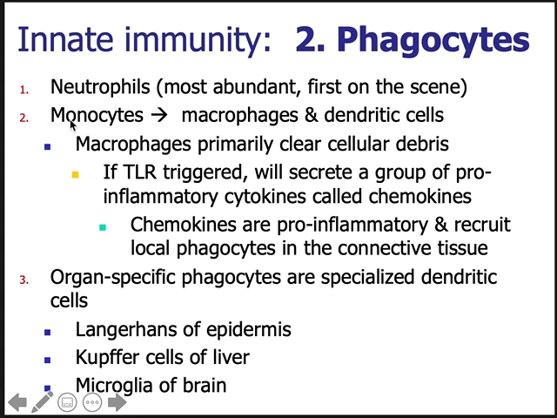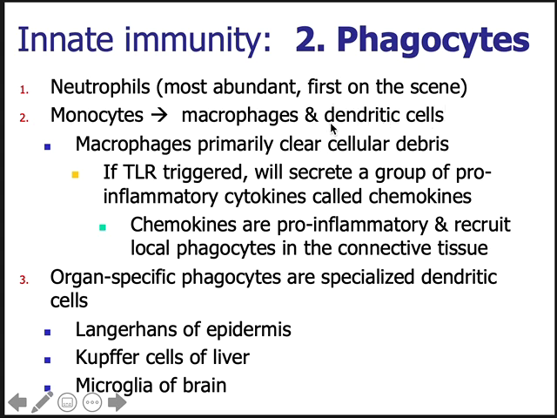Okay, then we have monocytes. Monocytes travel in your blood, and then when they become activated, they turn into macrophages, which will be active in the tissue to, again, help clear whatever potential infection you have, or actual, right? Hopefully everything's getting there before it's a full-blown infection. You also have something called dendritic cells.